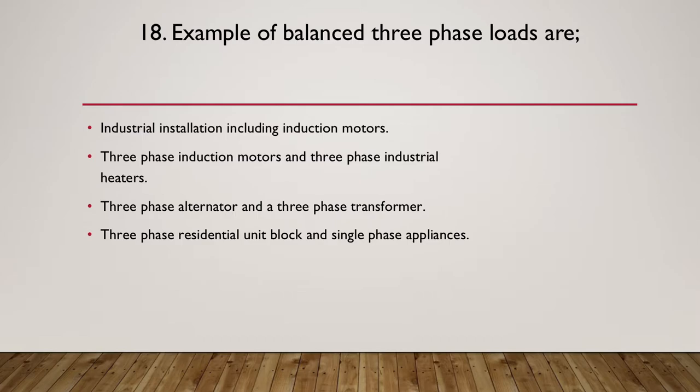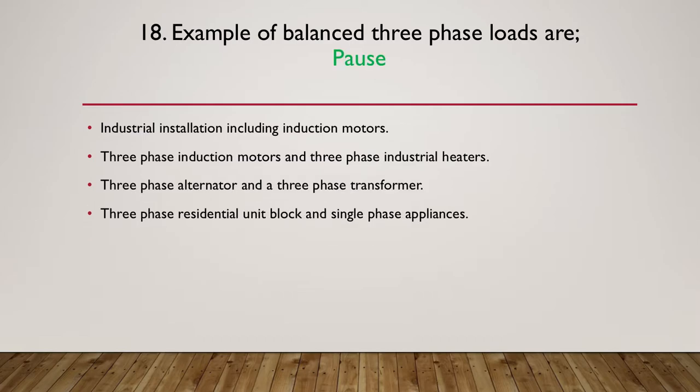Three-phase alternator and a three-phase transformer. Or finally, three-phase residential unit block using single-phase appliances. So which of these are examples of a balanced three-phase load? So pause here while you have a think.